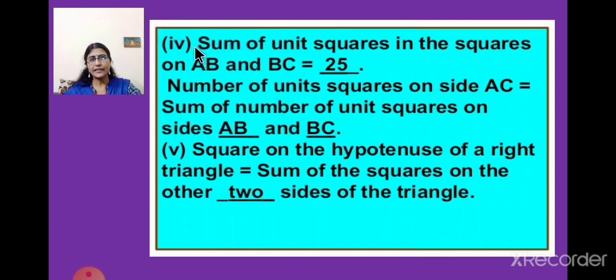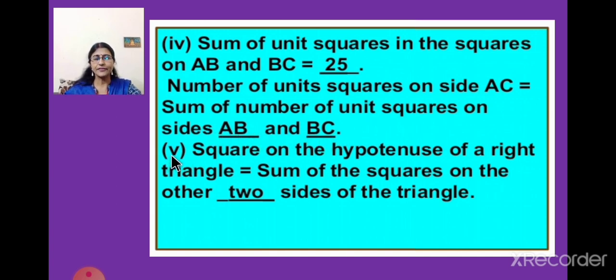And then fourth one, sum of unit squares in the squares on AB and BC, we got 25. When we added 16 plus 9, we got 25. So here 25 will come. And then number of unit squares on the side AC is equal to the sum of number of unit squares on sides AB and BC.